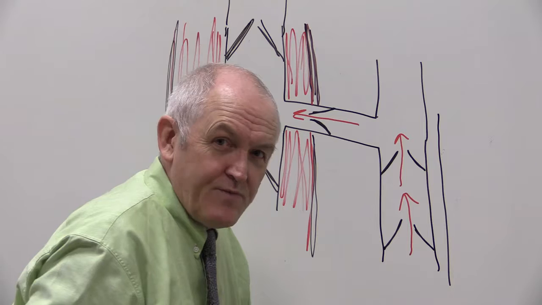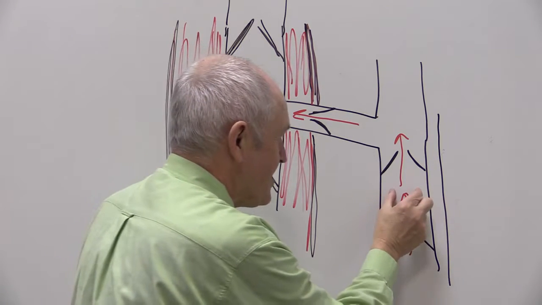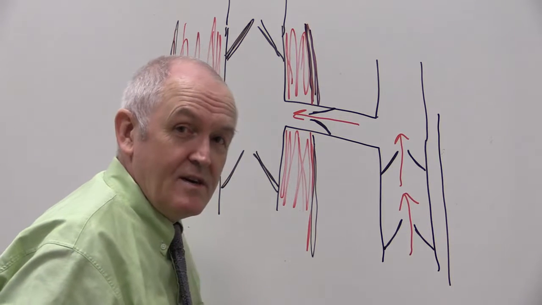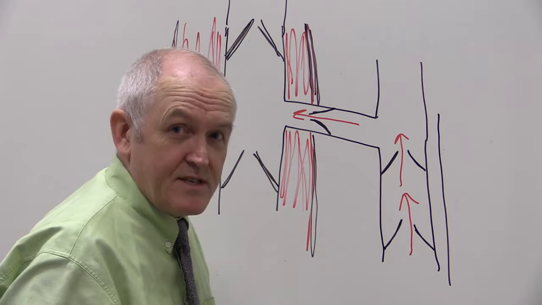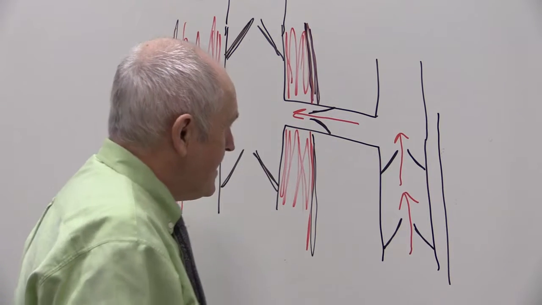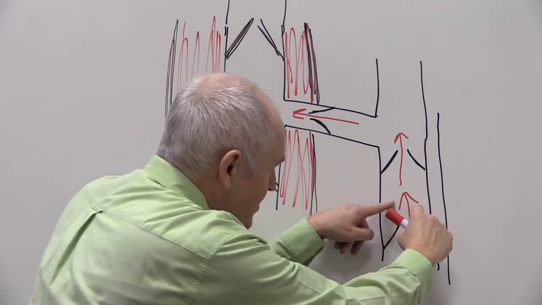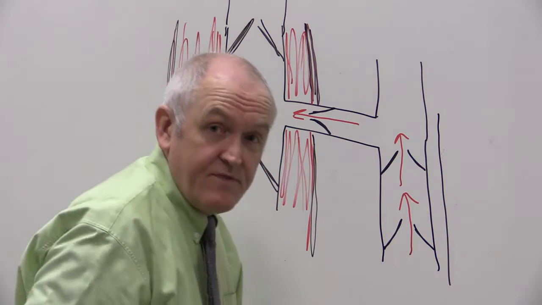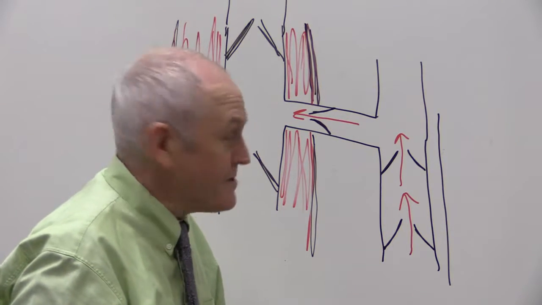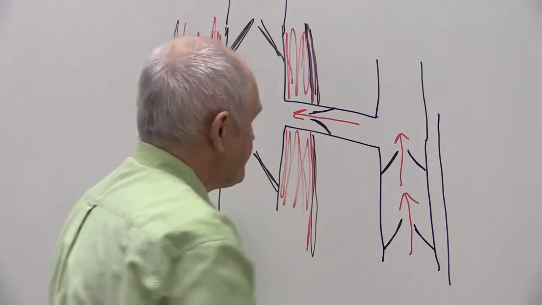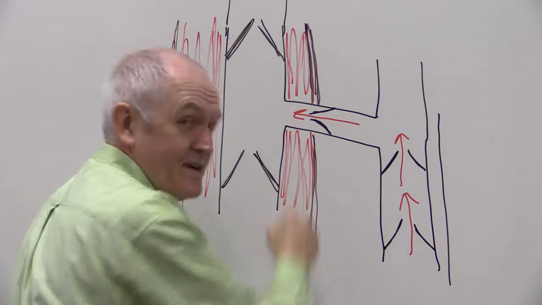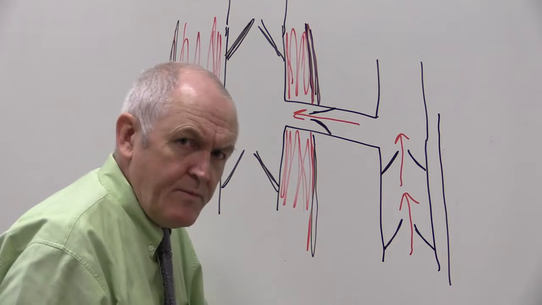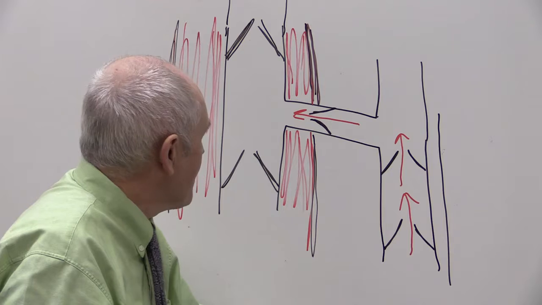And when you press on the wall of the vein, that's going to increase the pressure inside the vein. So external pressure will increase intravenous pressure. If that happens, the blood will try and go back down, but it can't because that valve will shut, preventing the regurgitation of the blood. But that one will open, as indeed will that one in the perforator vein, sometimes actually called communicator veins as well.